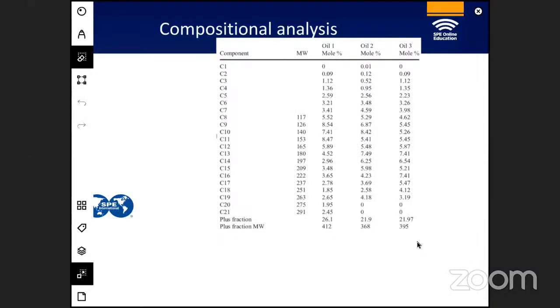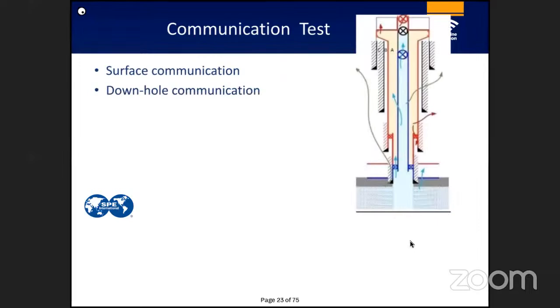Screen share. So just follow with me here.